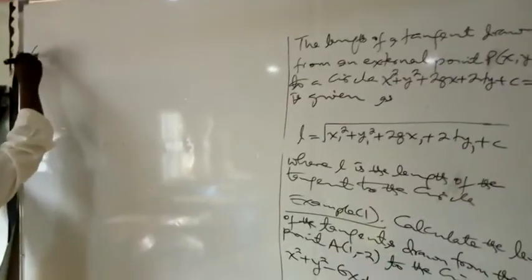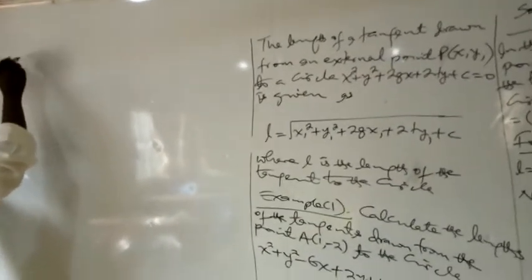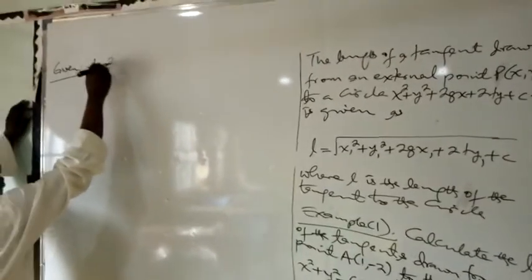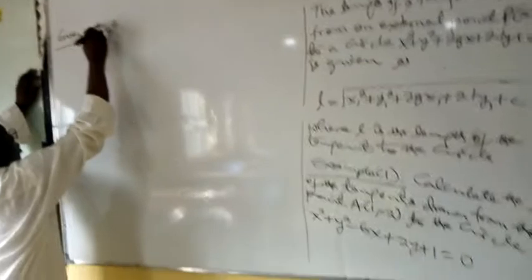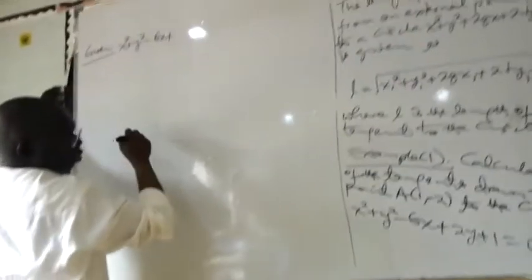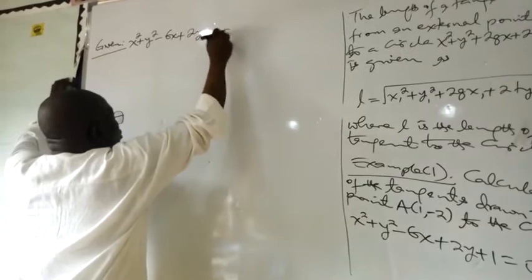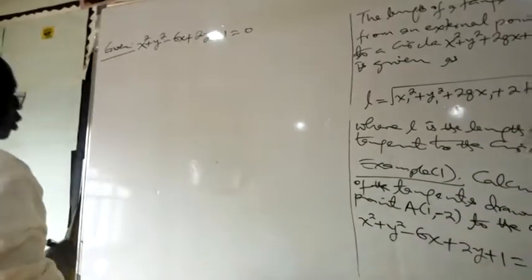Given x squared plus y squared minus 6x plus 2y plus 1 is equal to 0. That is the given circle.